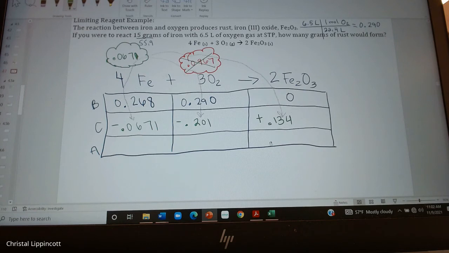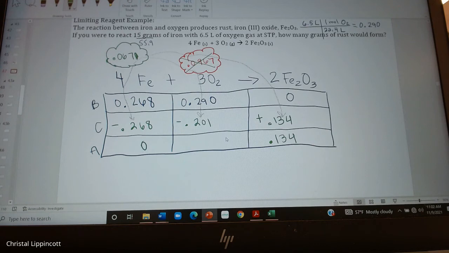All right, so we're going to make 0.134 moles of this. What did I do here? I just brought down the value, didn't I? I didn't multiply it. Ay, ay, ay, there.